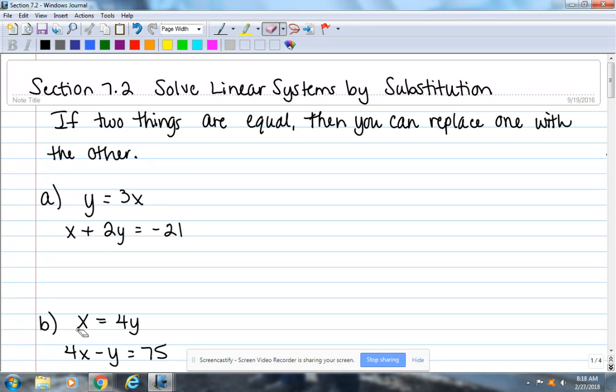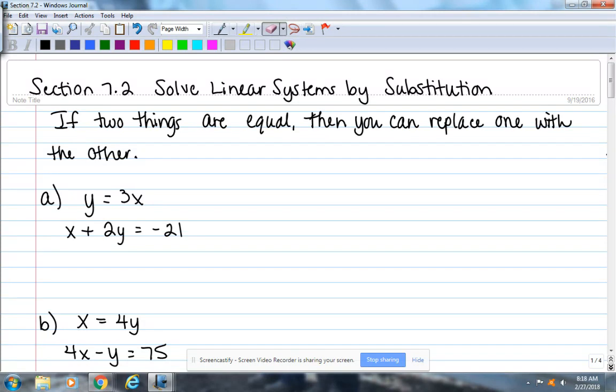So every time I see a y, I can also call that y what instead of y? I can call it 3x because y and 3x are equal to each other. Okay? So if y equals 3x, then this x plus 2y right here can be x plus 2 times 3x. Does that make sense? If this y equals this, anytime I see a y, I can put a 3x in its place. So that's what I'm substituting here.